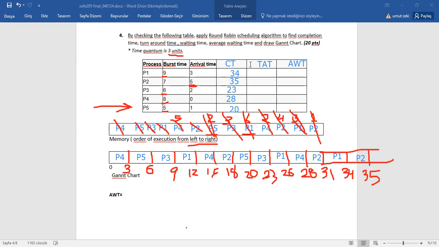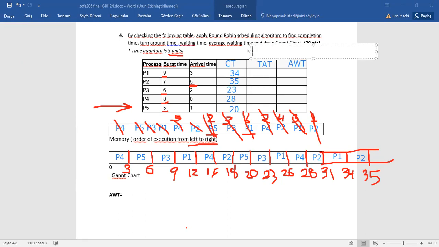So completion time is the time that you finished. Arrival time is the time you started. So when you subtract arrival time from completion time, you can find the turnaround time. Okay.